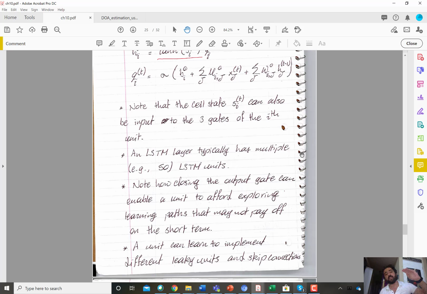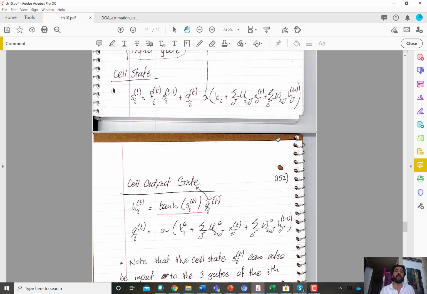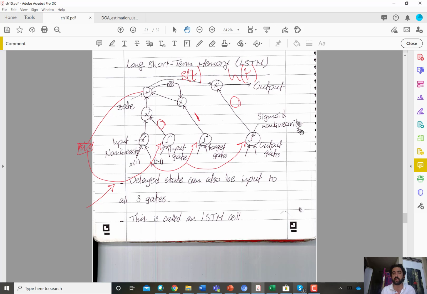These units can learn to do skip connections of different lengths or to implement leaky units, and thereby their diversity can capture different time scales and implement a diverse set of mechanisms for capturing them. So LSTM, to summarize, allows for a lot of flexibility of learning different mechanisms to capture long-term temporal correlations while mitigating the problems with capturing such correlations, such as the vanishing gradient issue that we discussed before. Thank you.